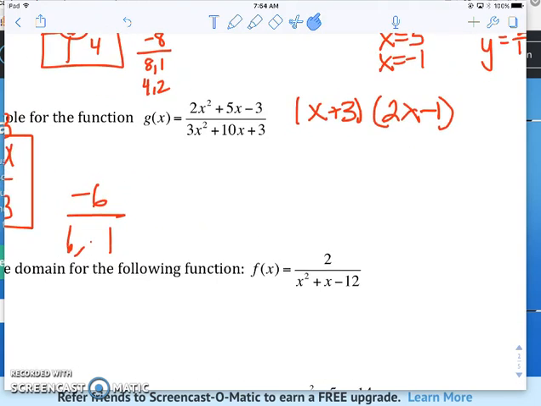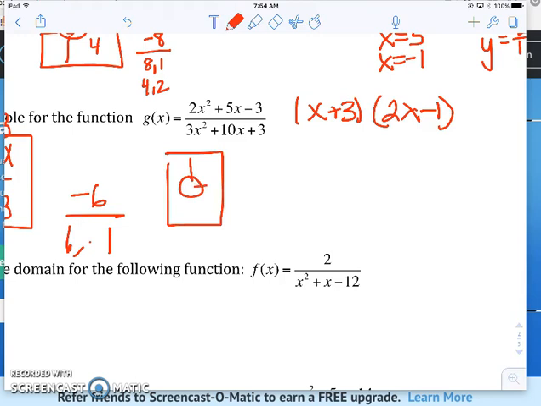Well, then we have to factor the denominator. So we got 3x squared plus 10x plus 3. So 3 times 3 is 9. So what multiplies to 9 and adds to 10? 9x and 1x.